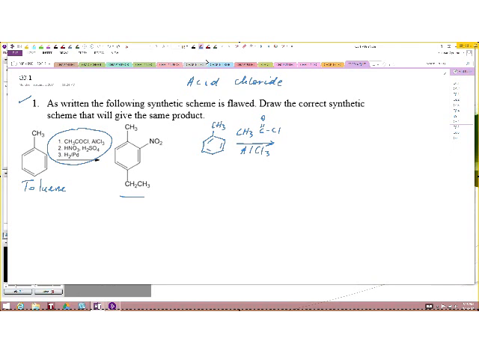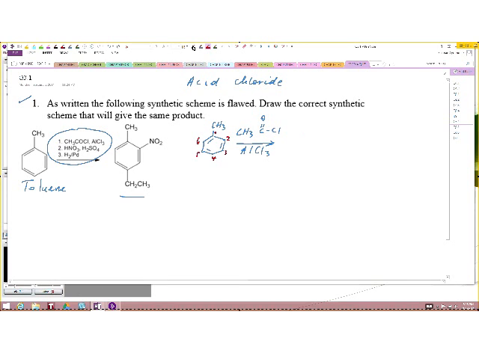Let us label this here: carbon 1, carbon 2, carbon 3, carbon 4, 5, and 6. Where do you expect the acetyl group to go? The para position, because the methyl is an ortho-para director, exactly. The methyl group, and the same thing with all alkyl groups, are ortho-para directors.